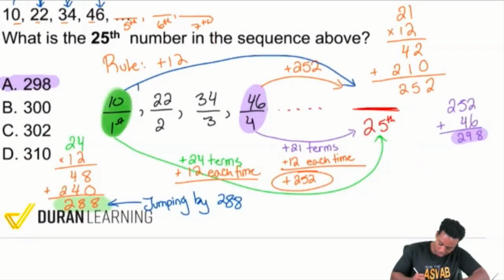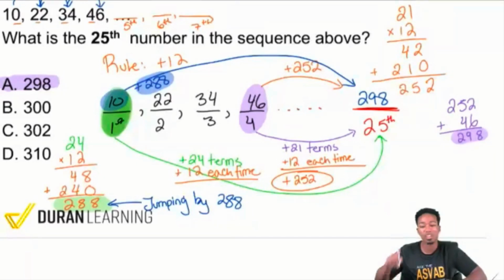If we do 10 plus 288, what do we get, everybody? 298. Exactly. Both times we get the same answer.